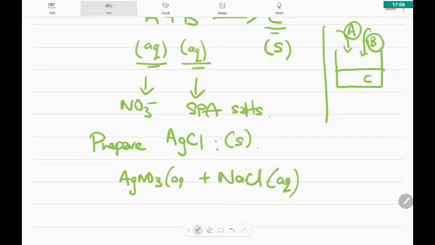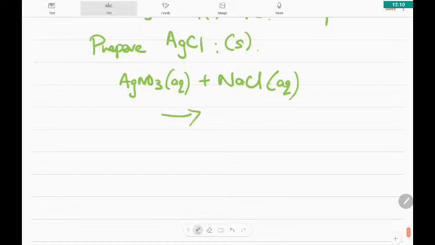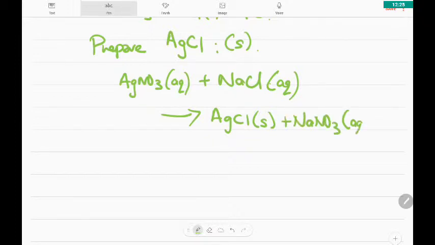Right? Both are, as we know, aqueous salts. So when they react, we'll talk more about it later on, but for now, let's just understand that silver chloride will be formed, which is my solid, and sodium nitrate will be formed, which is aqueous.